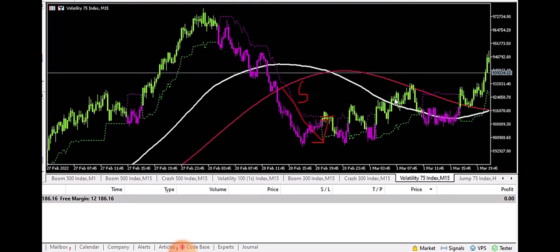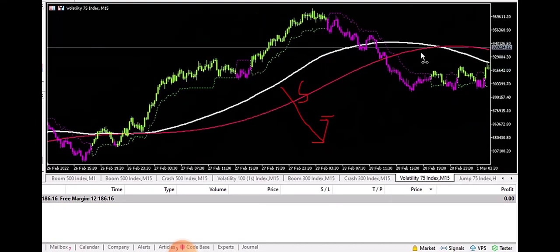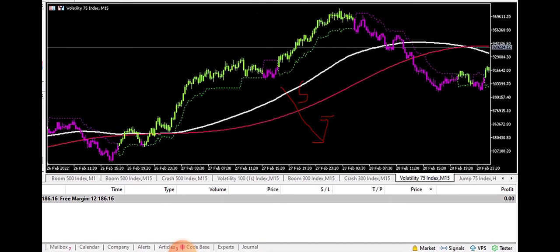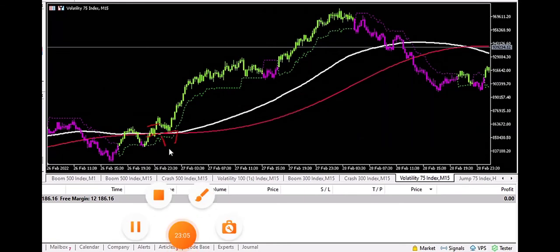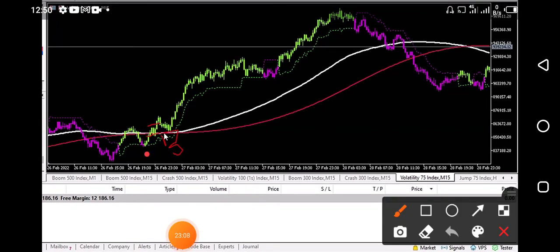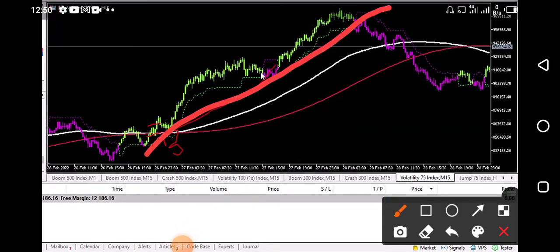Imagine if I should draw a straight trend line here. Just take a look at this system for yourself. Okay, let's take our buy here. Imagine if I should draw my trend line here now, like this. This is my trend line. You see, immediately the price goes below the trend line here, you see what happened? When the price goes below, the color changes.